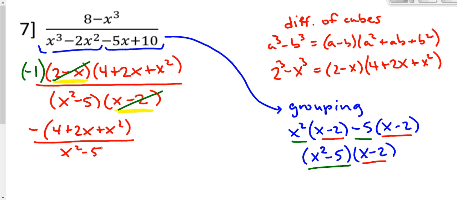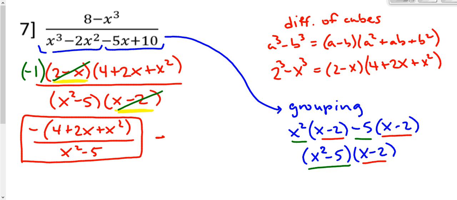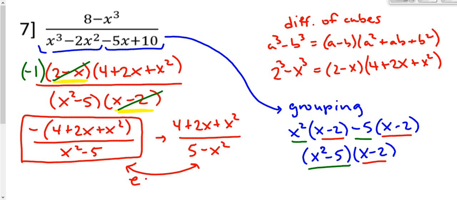We could leave it like that with the negative on the outside, or we could distribute the negative through the numerator, or we could distribute the negative through the denominator and just write it like this. The denominator would be written as 5 minus x squared if you distribute the negative through it. These are equivalent. It doesn't matter to me which one you give as your answer. You just need to know that they're equivalent.